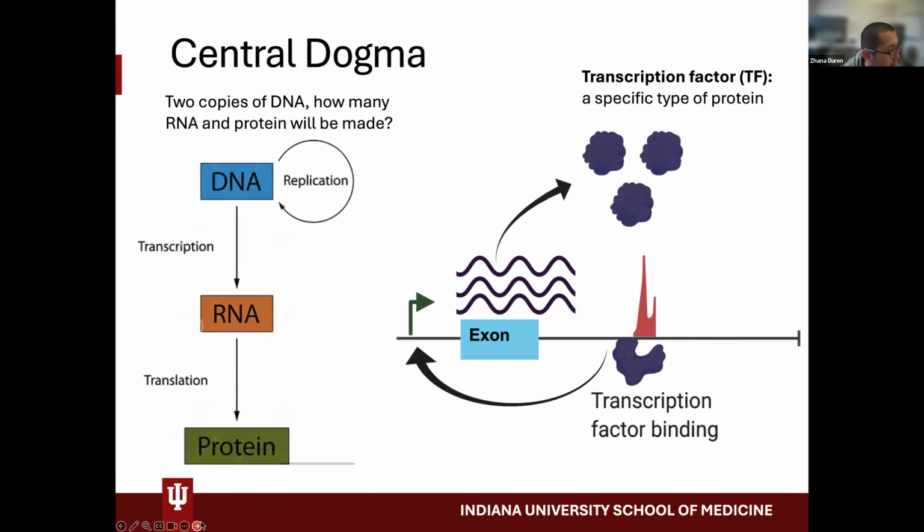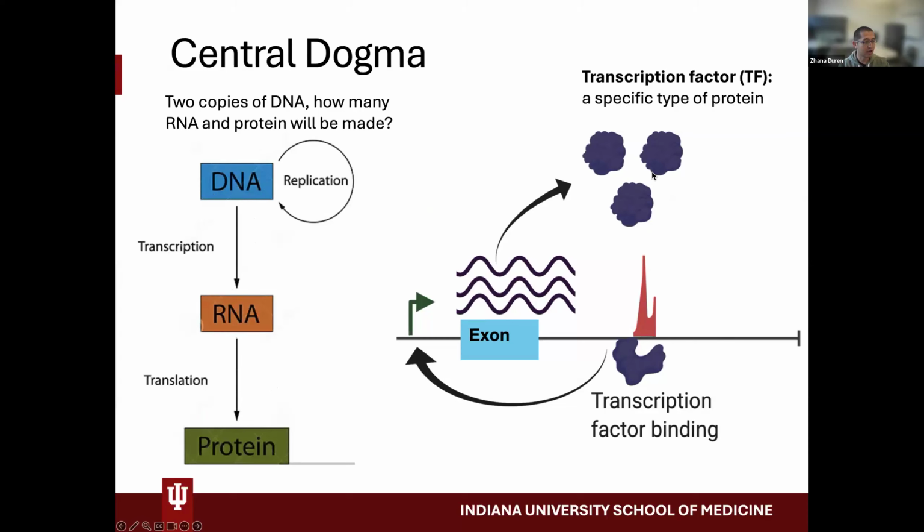If we look at the problem from the molecular biology central dogma, we know we have 2 copies of DNA. So how many RNA and how many proteins are made is the problem here. DNA will become RNA and RNA will become protein. And some of the proteins are called transcription factors.